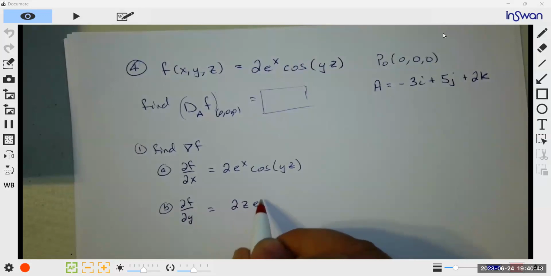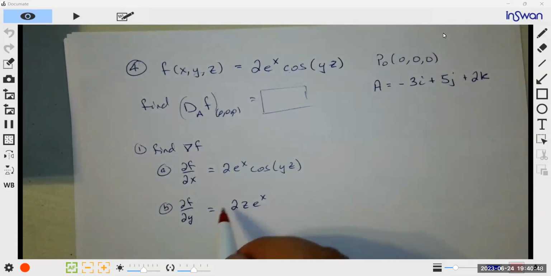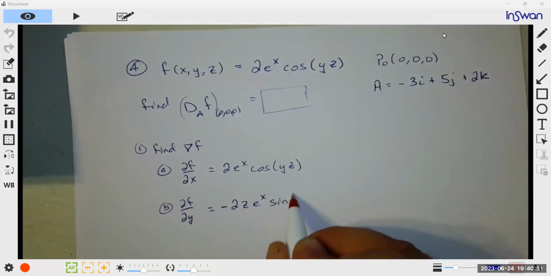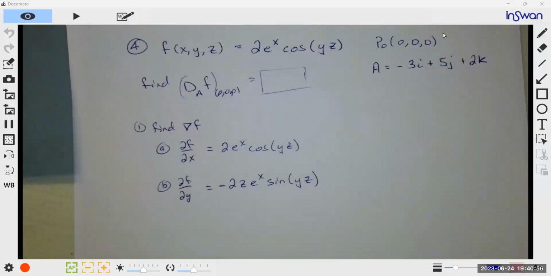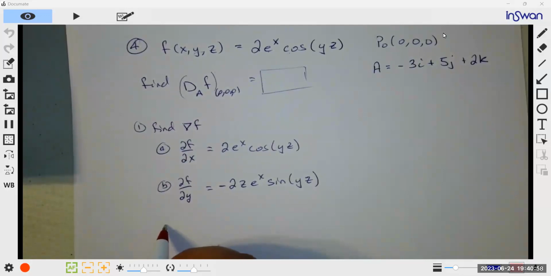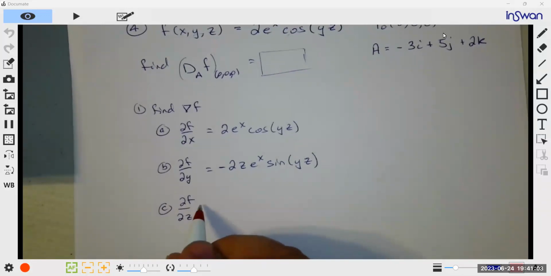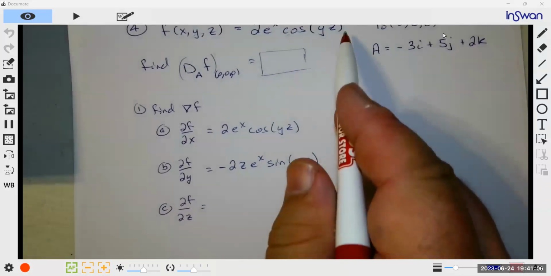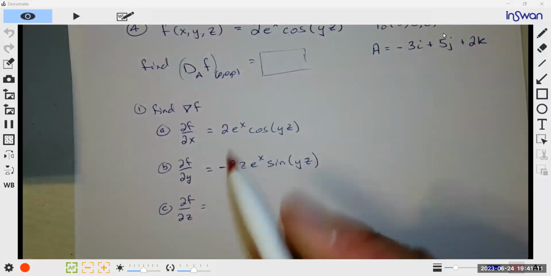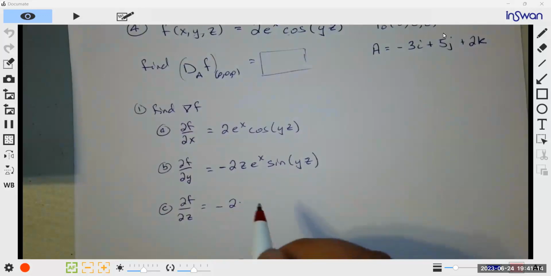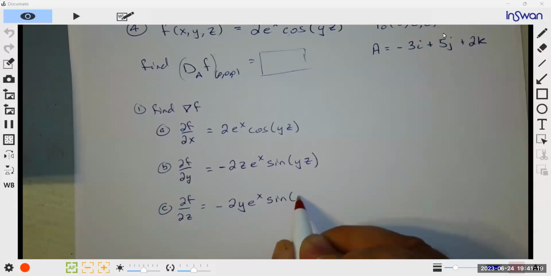So we have negative 2z e to the x times the derivative of cosine, which is negative sine. And then df/dz is practically exactly the same as the other one, except instead of z it's y out front: negative 2y e to the power x sine yz.